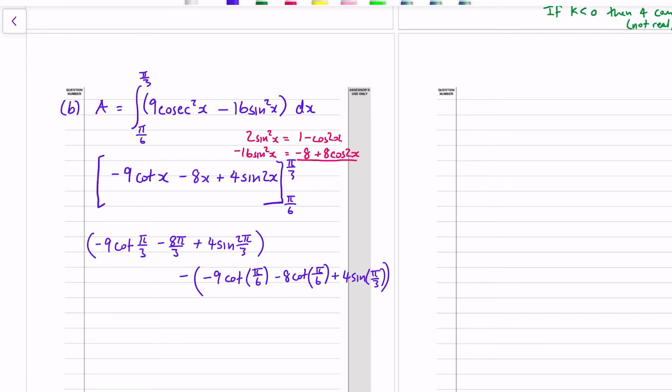So for example, the angles for the first bracket are pi over 3. So pi over 3 is 60 degrees. It's root 3, 1 and 2. Cotan is the reciprocal of tan. So it's 1 over root 3.